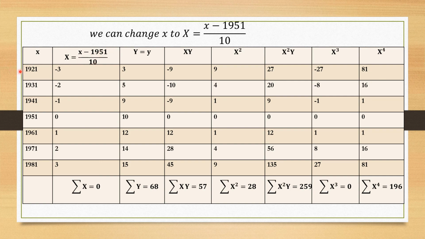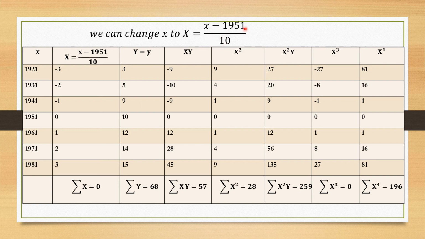So the first value will be 1921 minus 1951, that comes out to be minus 30. Again you have a big number as minus 30, so you can reduce that to a single digit number by dividing by 10.